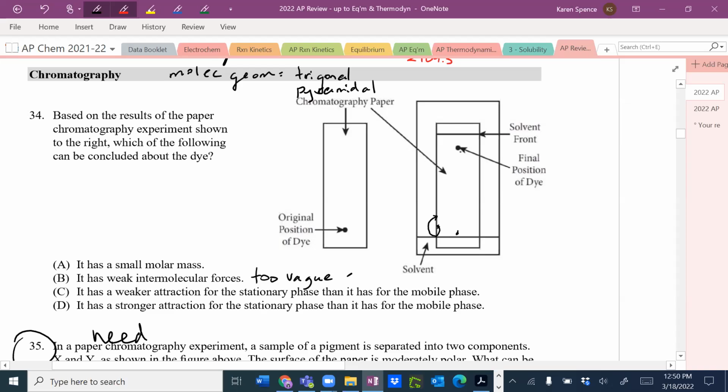So in order to travel really far, it has to be really attracted to the solvent, the mobile phase, so that it can travel with the solvent rather than being more attracted to the stationary phase, which would mean it would spend more of its time sitting still. So it has a weaker attraction for the stationary phase because it moves quite far up there, yes? Weaker attraction for the stationary phase than it has for the mobile phase. So that's going to be C.